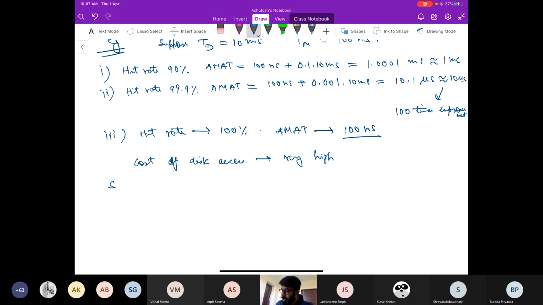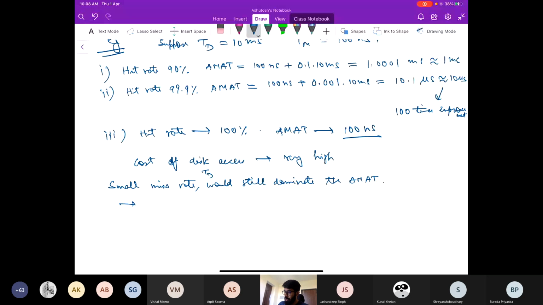Right? So if there is a small miss rate, the TD would still dominate the AMAT, right?